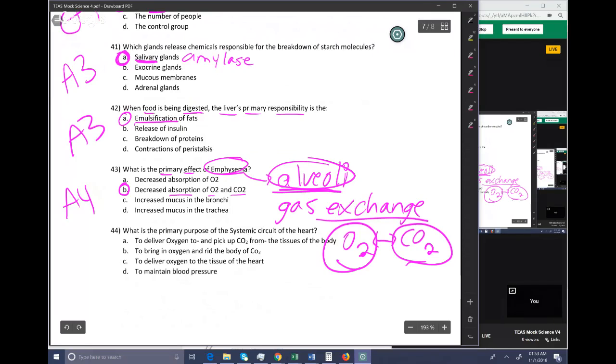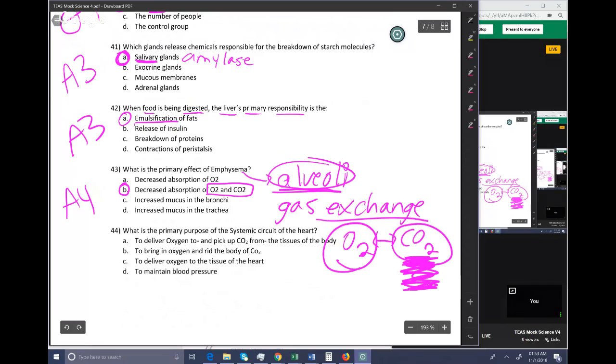In fact, if you look at the way our body reads for homeostasis mechanisms, our body actually seems to think that high CO2 is worse than having low O2. The point that I'm making is it would never be okay to just say, oh, emphysema causes decreased absorption of O2 if you have the option to say both.